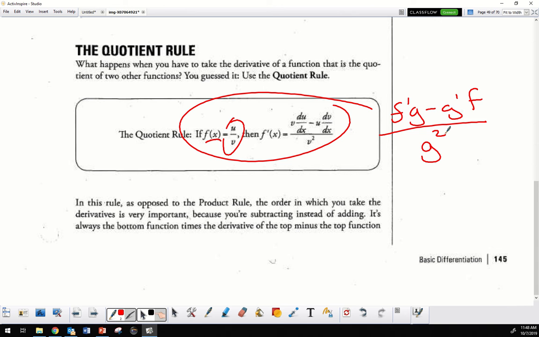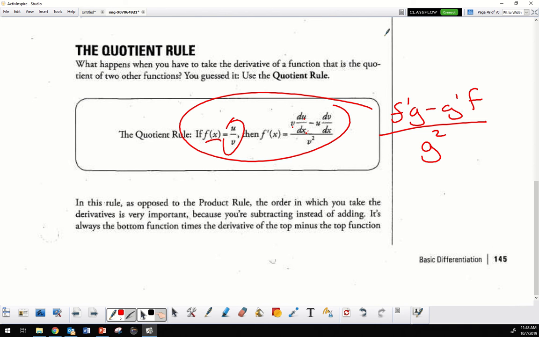Okay, you're going to see stuff written like this, right? Okay, what does it say? So this says a v, whatever the function v is, times the derivative of u in terms of x. So that's the derivative of u, so that would be u prime.